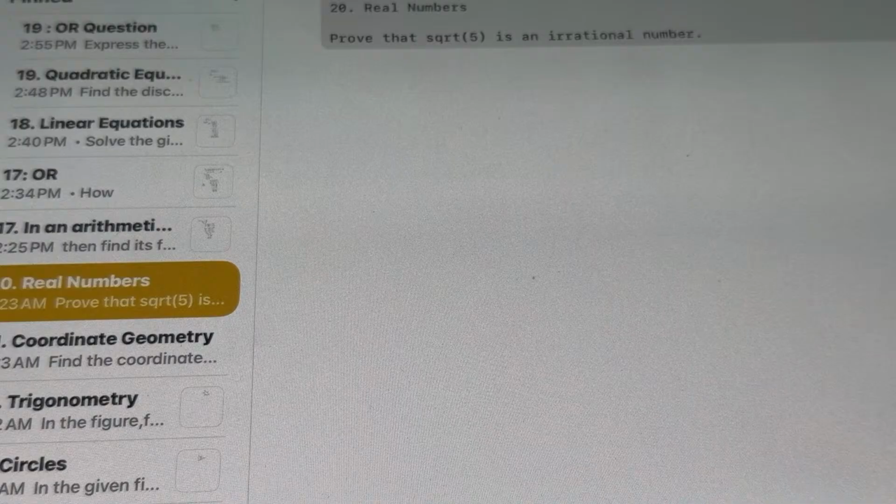The next question is: prove that square root of 5 is an irrational number.